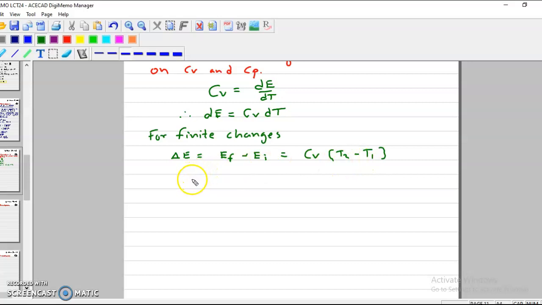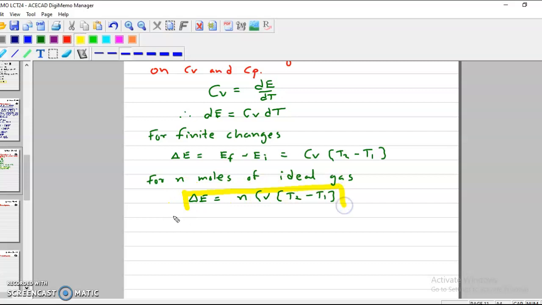So for n mole of ideal gas, we can have delta E is equal to n CV (T2 minus T1). So this is the formula used to calculate delta E if you are given CV and two different temperatures.